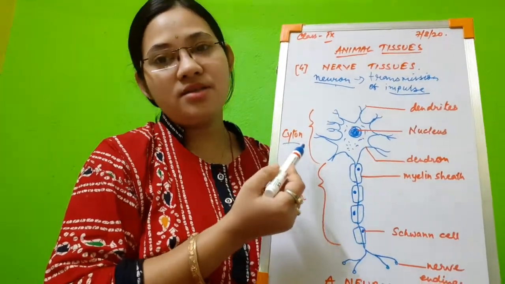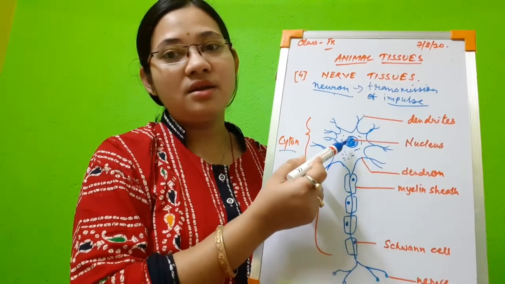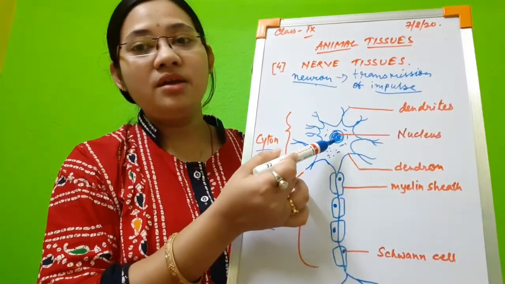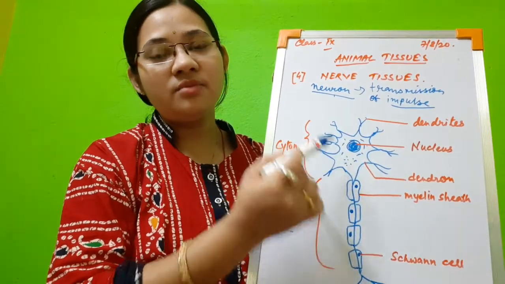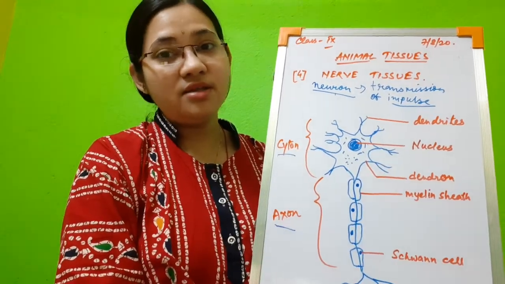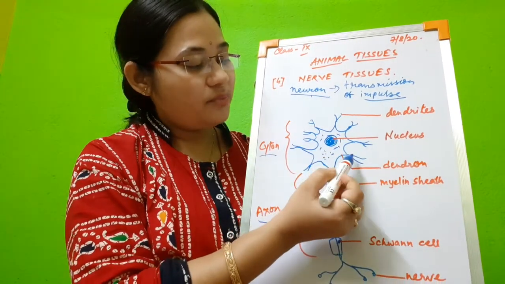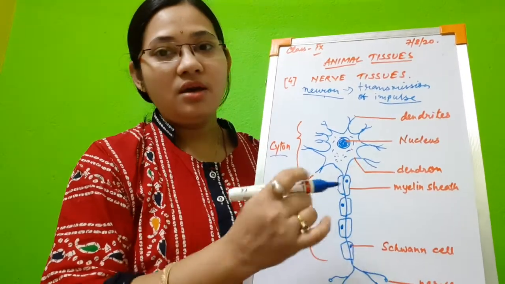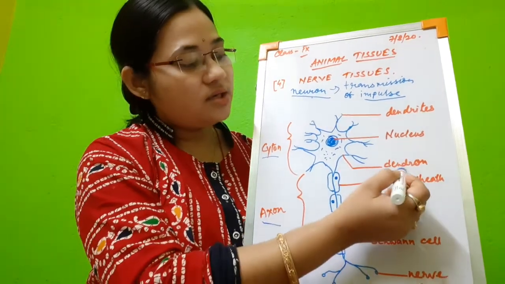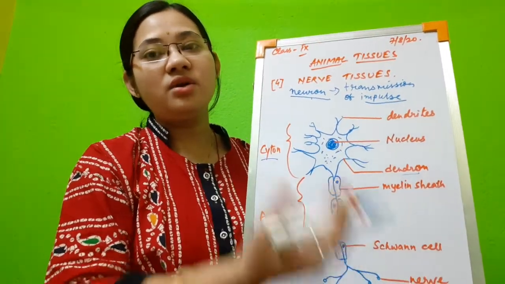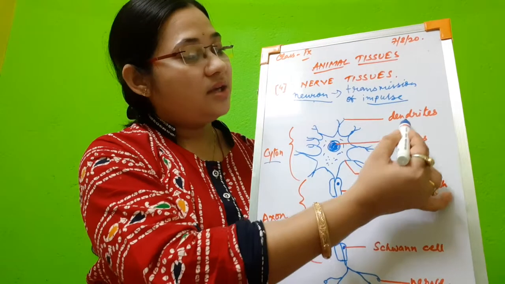The cyton consists of certain parts, like it has a big nucleus in the center. Okay, so a nucleus is present, cytoplasm is present, certain cell organelles are there, and it has some processes. Processes means some extended parts or portions which are called dendrons, and again dendrons further divide to form dendrites.